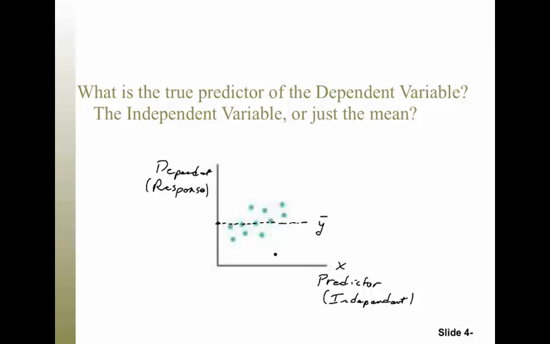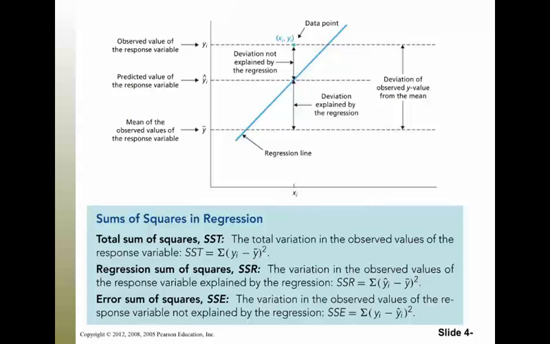Then maybe this really isn't predicting what this is, and just the mean of the y variable is the predictor of that. So does that scenario, kind of the question, make sense? What we're talking about? All right, so is x truly the predictor of y, or is just the mean of y the predictor of y? That's what we're asking.